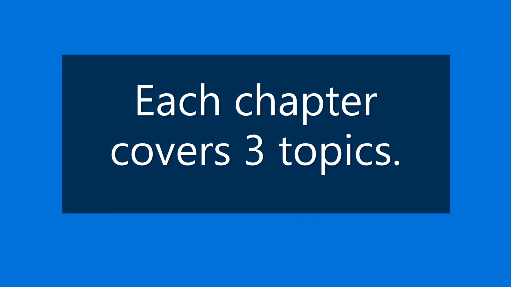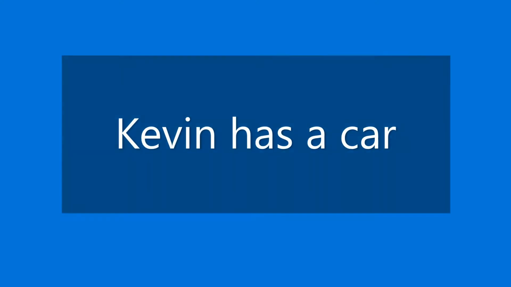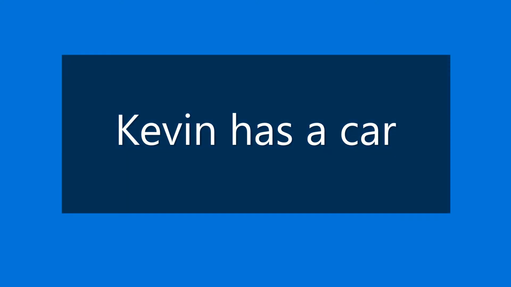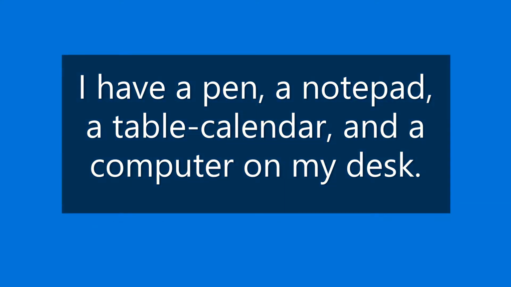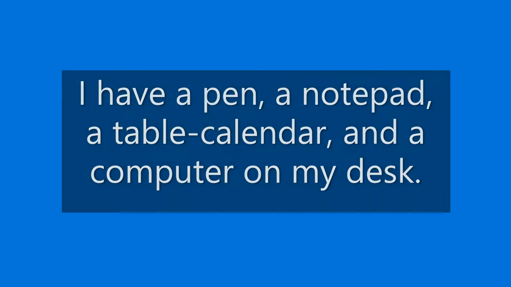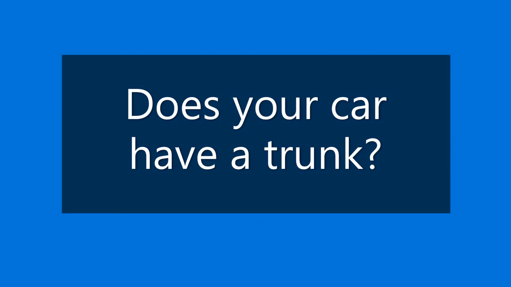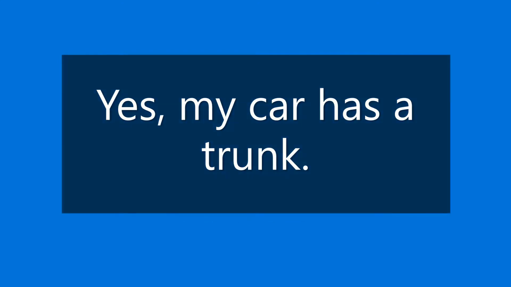Each chapter covers 3 topics. Kevin has a car. The car contains 4 seats. I have a pen and notepad, a table calendar, and a computer on my desk. Does your car have a trunk? Yes, my car has a trunk.